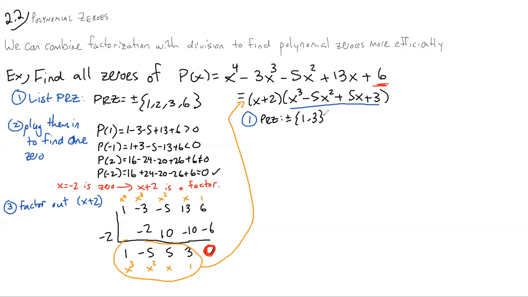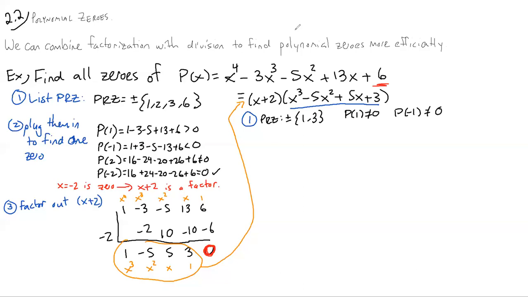So for this, I should know that 1 isn't going to work because 1 already didn't work in the previous one. You can try it though. It's not a big calculation, but 1 and -1 aren't going to work because they didn't work in the big one, so they're not going to work in the small one. So P of 1 is not 0. P of -1 is not going to be 0.